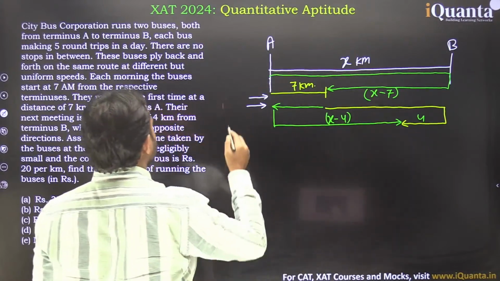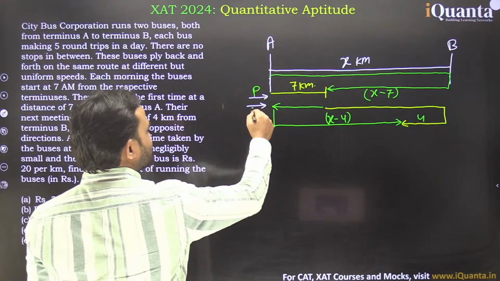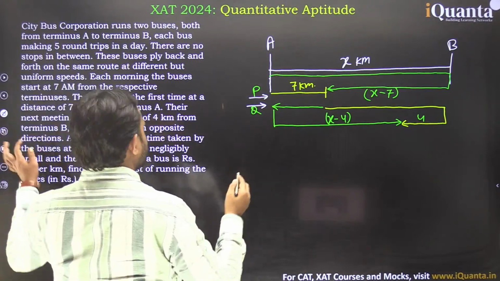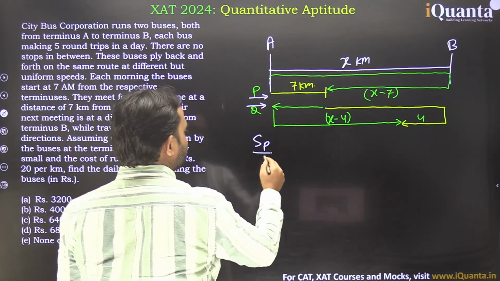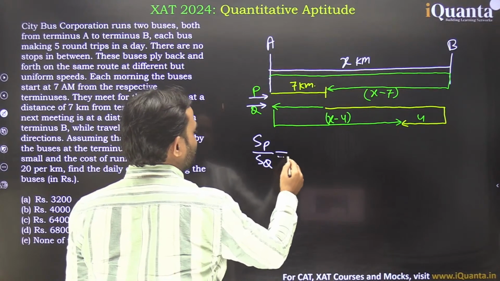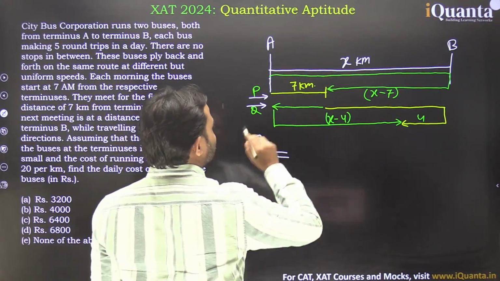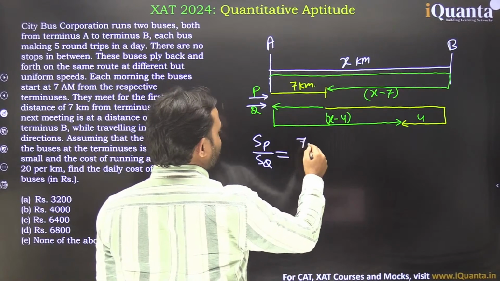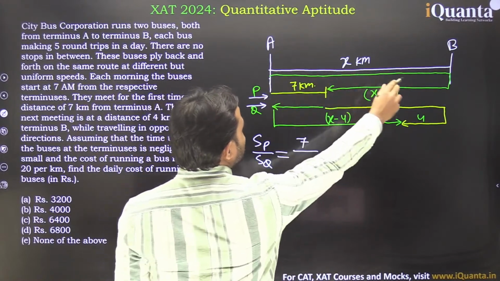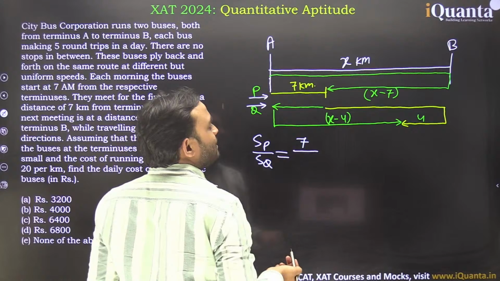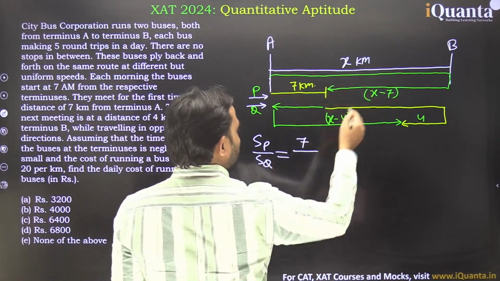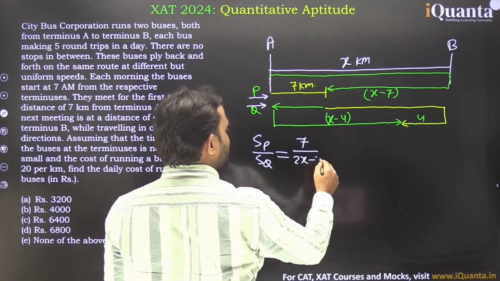So let's say this is bus P and this is bus Q. So we can say speed of P upon speed of Q will be equal to, in the first case, total distance covered by P will be 7, total distance covered by Q will be X plus 7, so 2X minus 7.